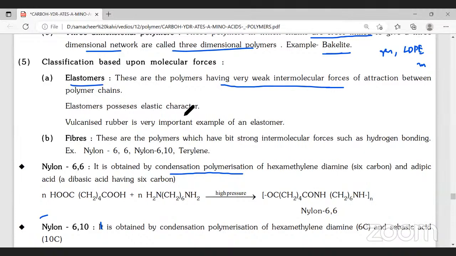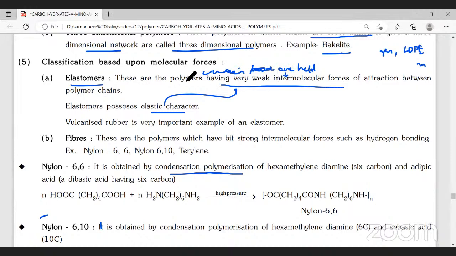So elastomers are elastic in nature. Why are they elastic in nature? Because the chains are held with weak intermolecular force of attraction. Since the chains are held with weak intermolecular force of attraction, they have elastic character.